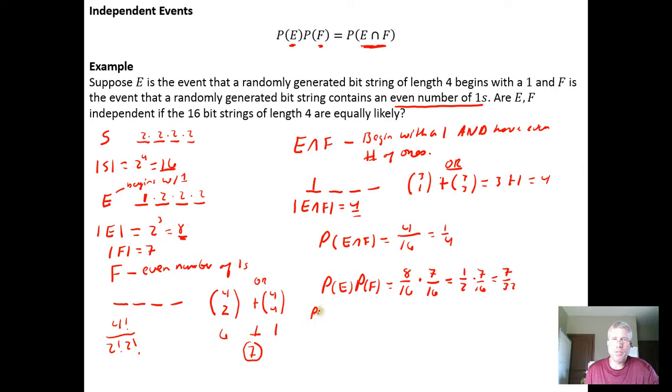What we notice is that the probability of E times the probability of F does not equal the probability of E intersect F, which means that E and F are dependent events. E depends on F.